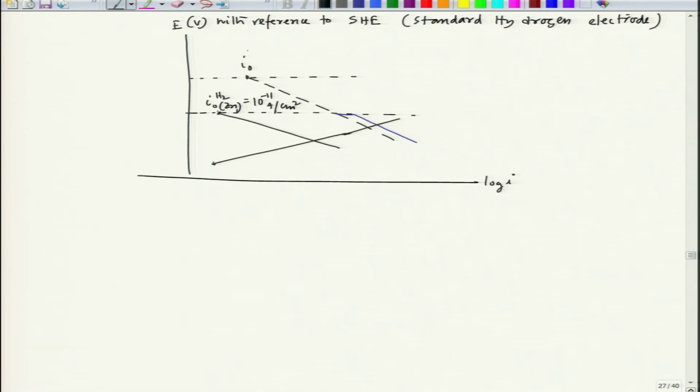This value is I0 of Fe+3/Fe+2 over zinc surface, 10^-9 ampere per centimeter square.